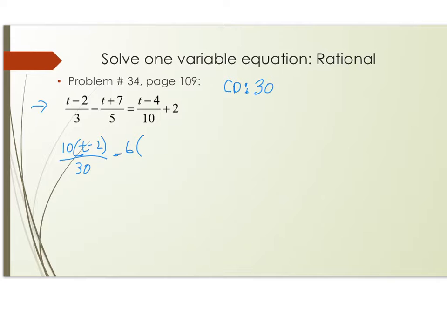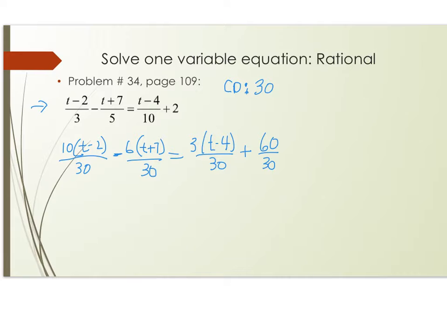So I get 6t plus 7 all over 30. And then on the right side of the equation, I multiply this first fraction by 3 on both the top and the bottom. And then for 2, it's going to be 60 over 30, right? Because when I divide 30 into 60, I get 2.